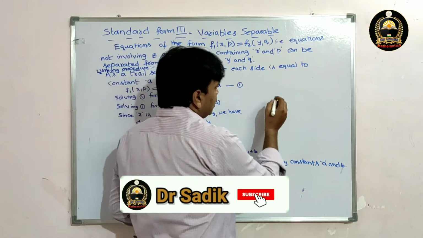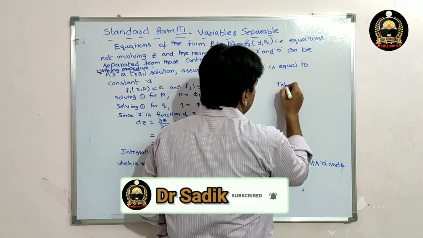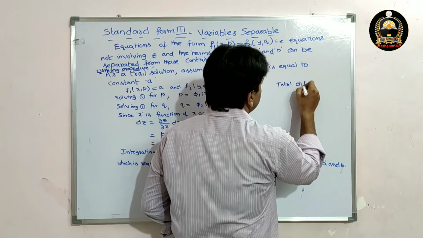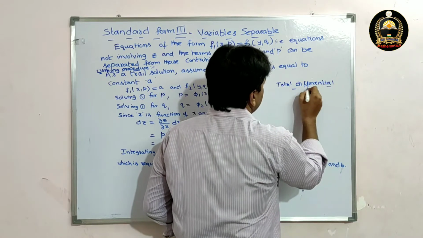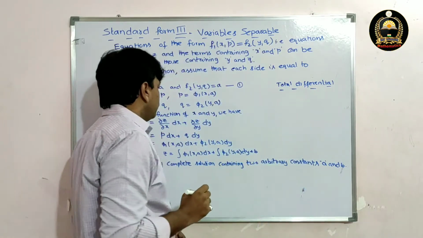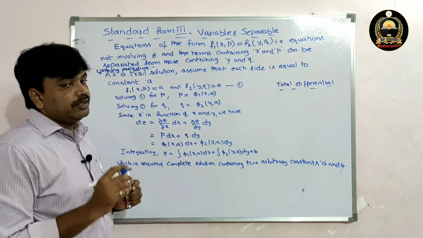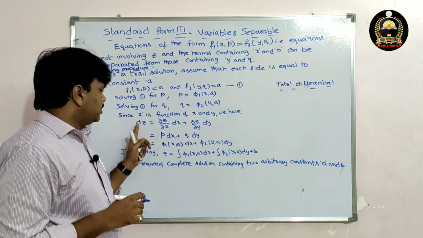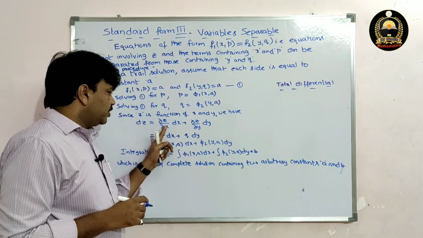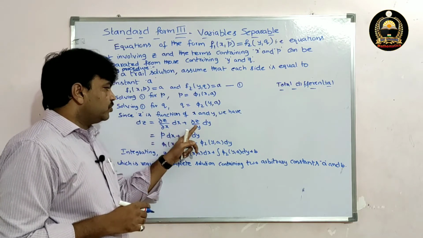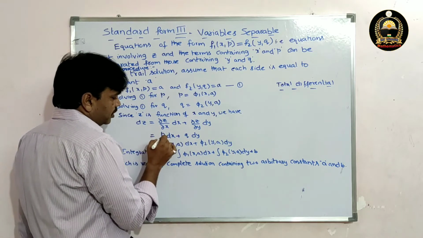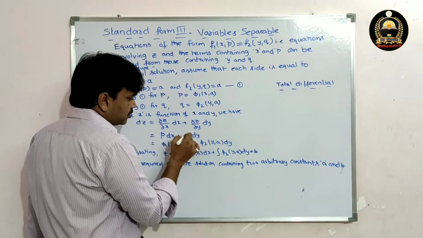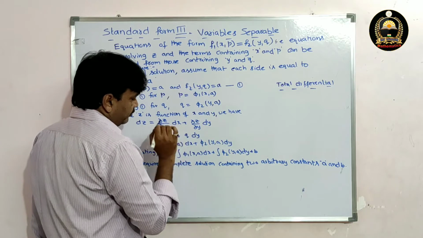This is the total differential concept in partial differentiation. Now dou z by dou x means small p and dou z by dou y means small q, so dz is equal to p dx plus q dy.